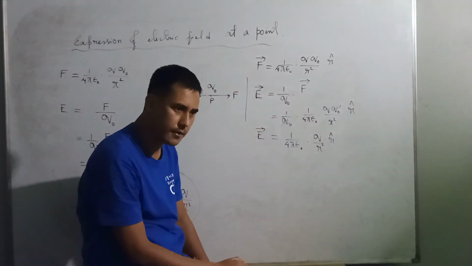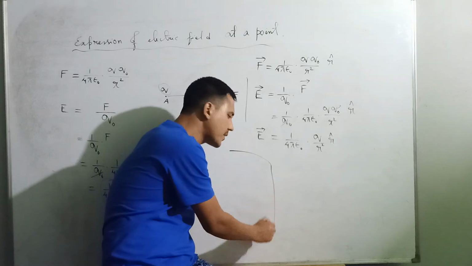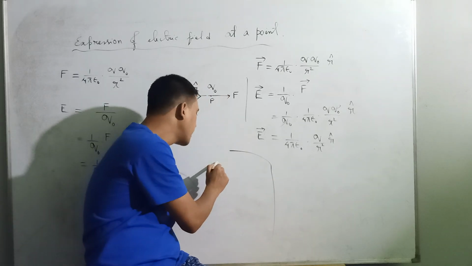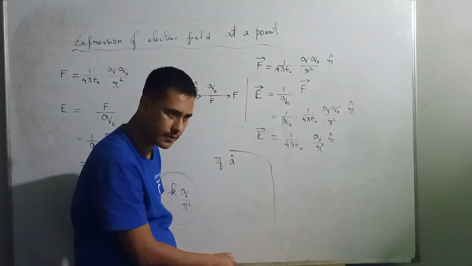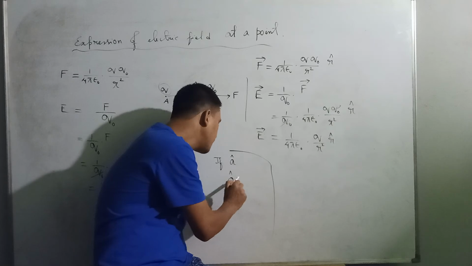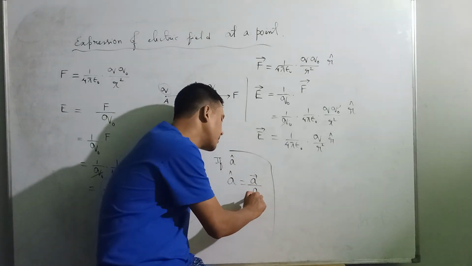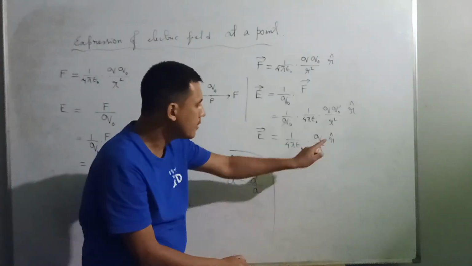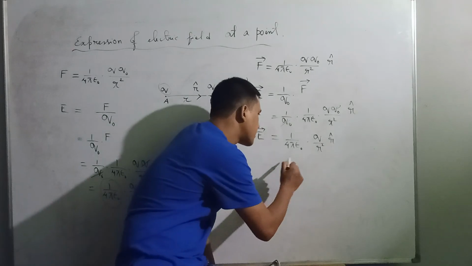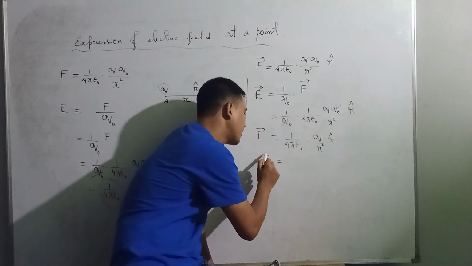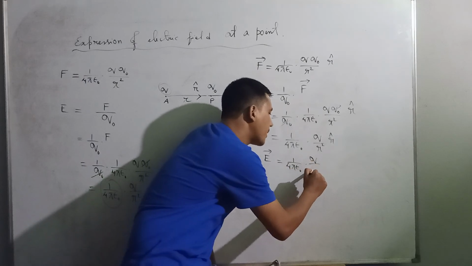Now, we have learned the concept of vectors in class 11 physics. If A cap is a unit vector, then unit vector A cap is given by vector A upon magnitude of A. So if R cap is a unit vector, then let me write E here: 1 by 4 pi epsilon naught into Q upon R square.